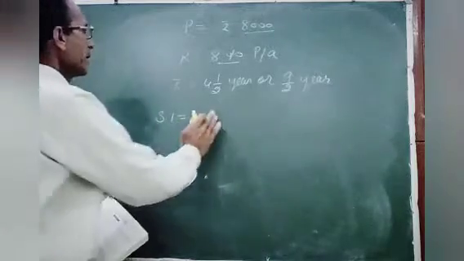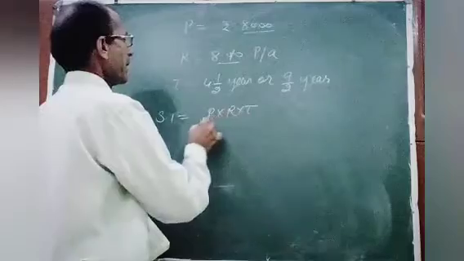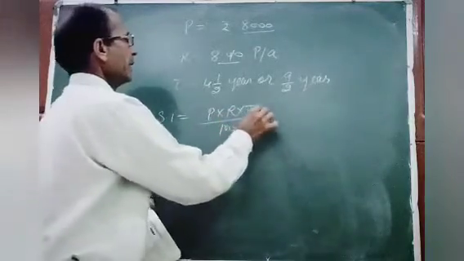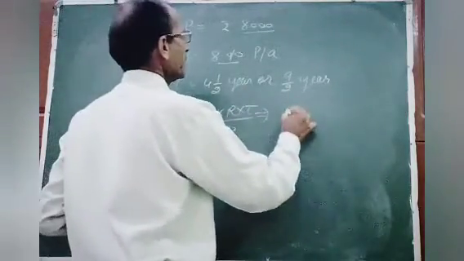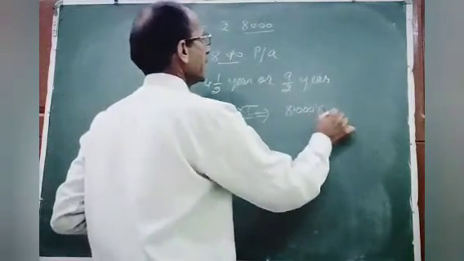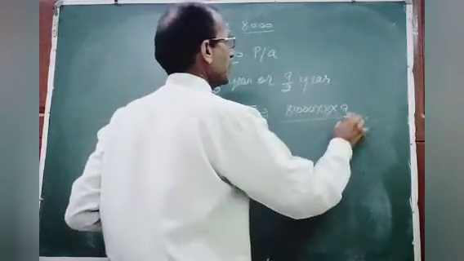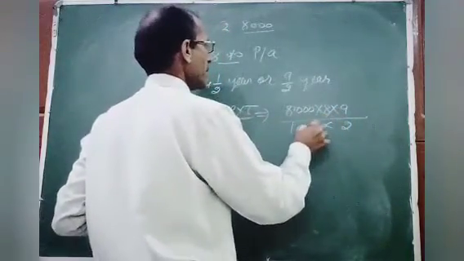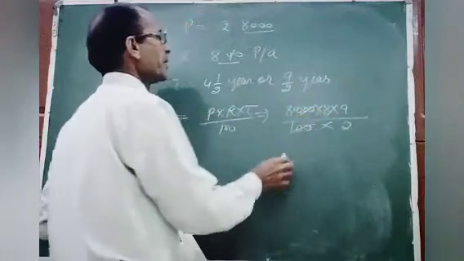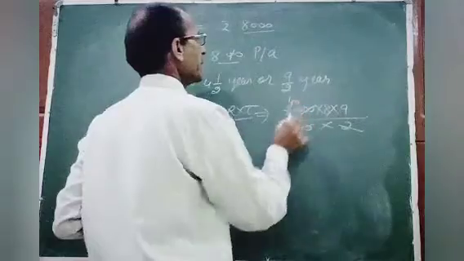Simple interest, principal multiplied by rate multiplied by time upon 100. So what is principal? 8,000. Rate 8%. Time 9 by 2 upon 100. 20 cancel to 20. So now 40.